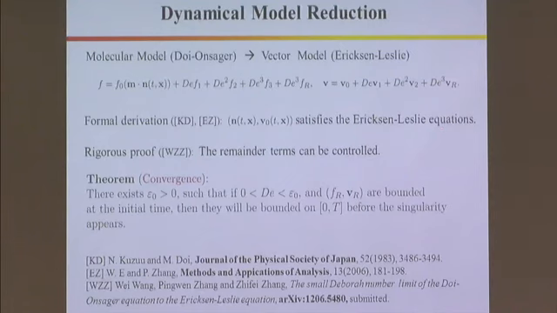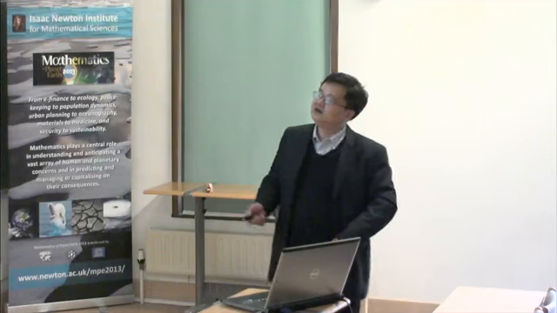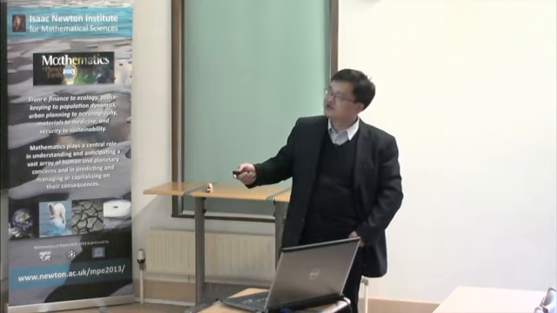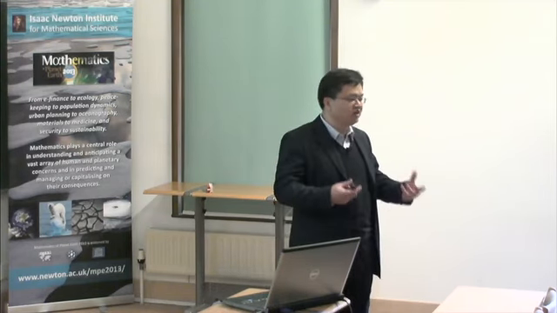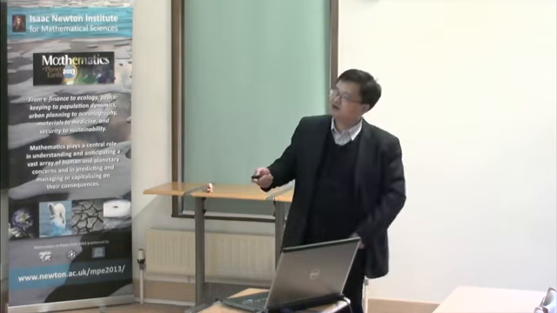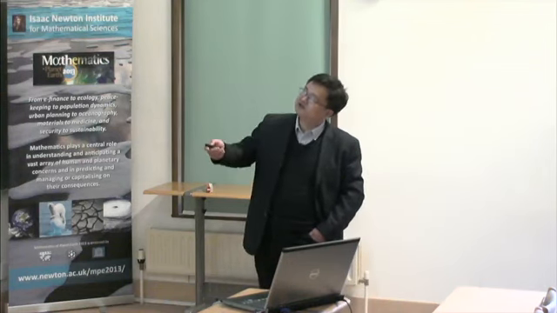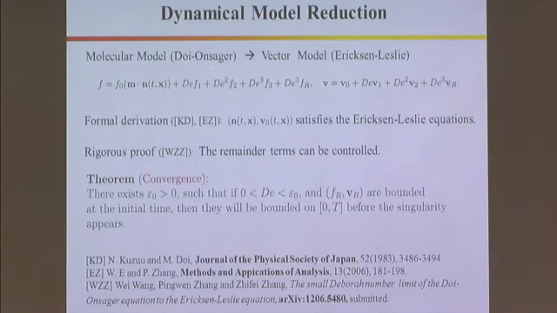Actually, Kuzuu and Doi did it in 1983 for the homogeneous case, where you just get the Leslie. In 2006, we could get the Ericksen because it includes the inhomogeneous interaction. So now you can prove this theory converges to that theory. It means we can control the remainder terms.